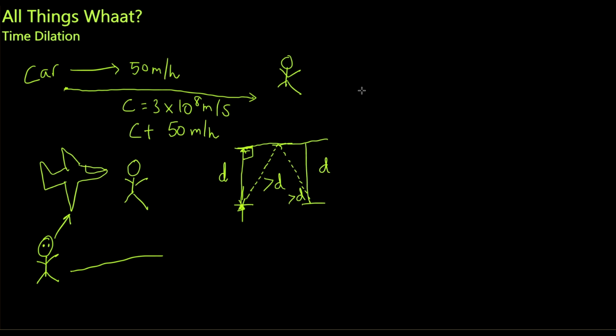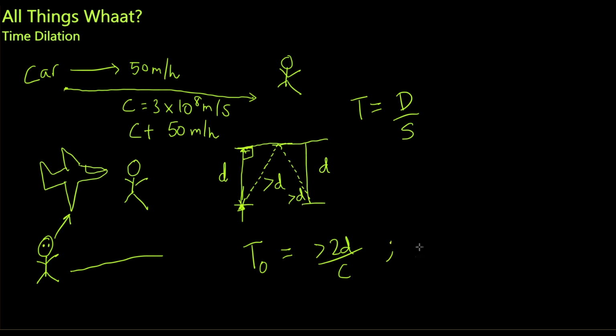Now, another physics 101 formula is time is equal to distance divided by speed. So now let's calculate in both of these cases what this means. For the observer, I'll denote it with T_O, the time is equal to the distance, which is something greater than 2d, so I just added these two up, divided by the speed of light, which here is c.